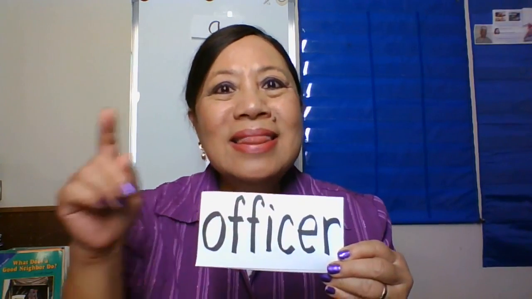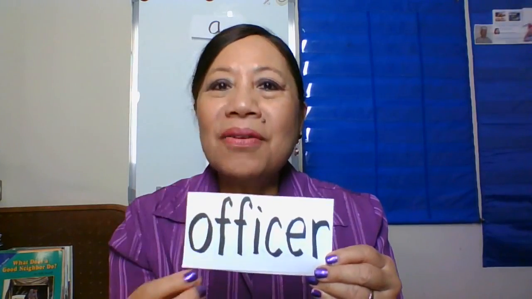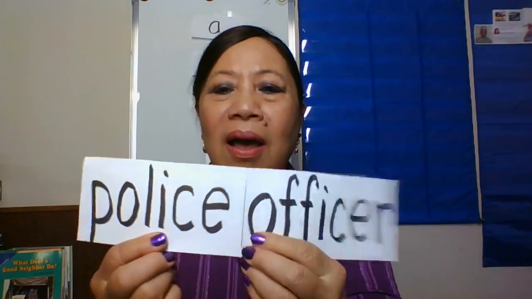Let's break it down. Officer. Let's read it smoothly. Officer. What's that word? Officer. What is this word? Police. What's this word? Officer. Let's read the whole word. Police officer. Very good job.